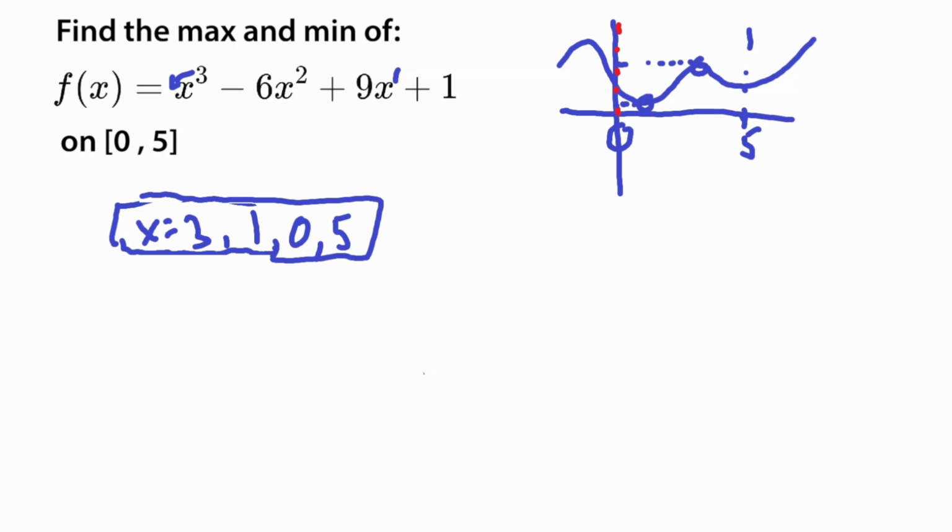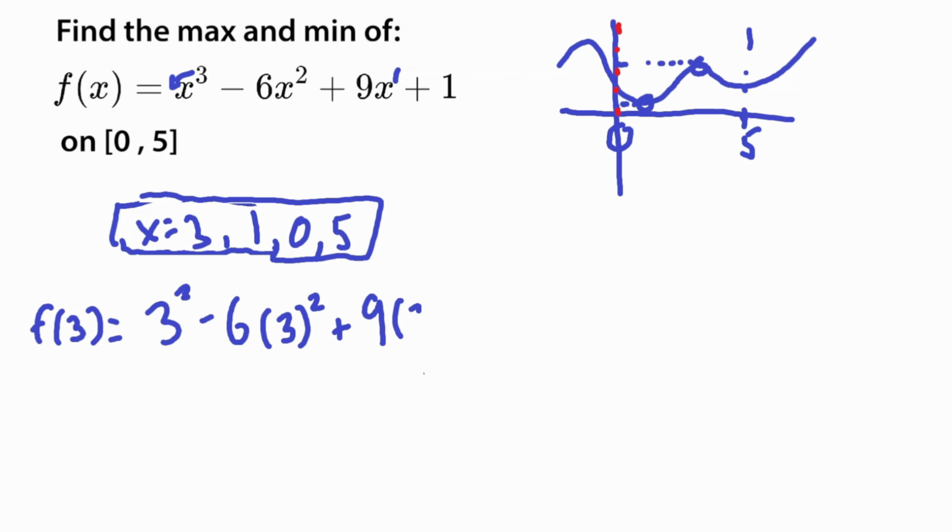Now we plug every number into the original f of x equation and see which gives the maximum and which gives the minimum. First, x equals 3. f of 3 is equal to 3 cubed minus 6 times 3 squared plus 9 times 3 plus 1.